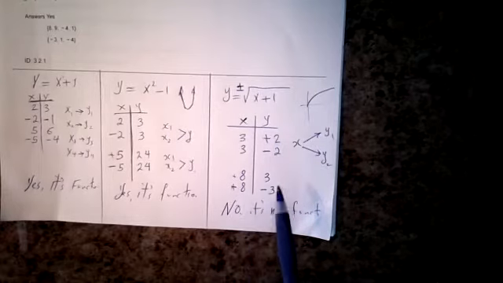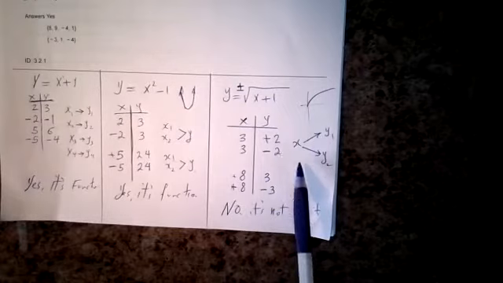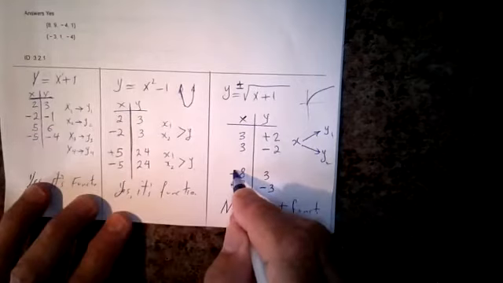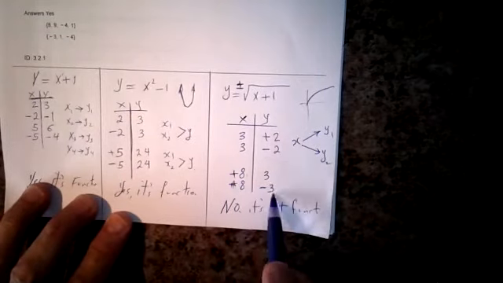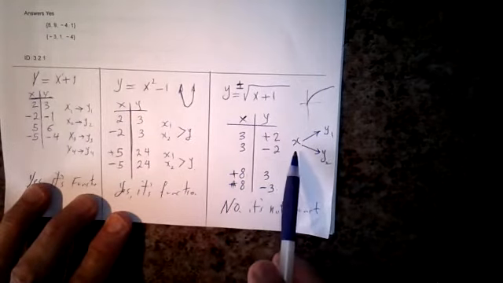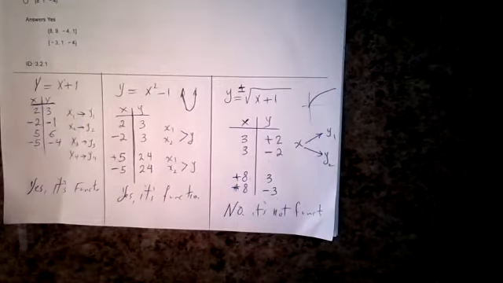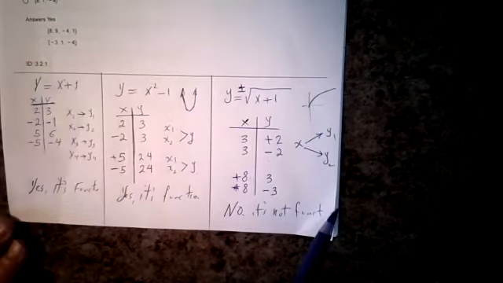So when we say it's not a function, it means if you assign 1 value of x, and then we come up with 2 different values of y, then it's not a function. So we've got to keep that in mind.